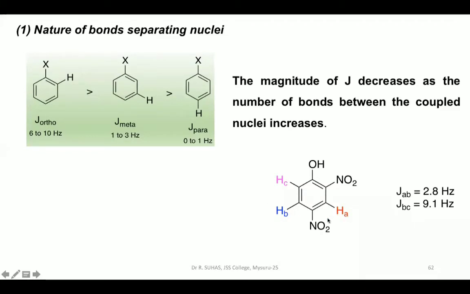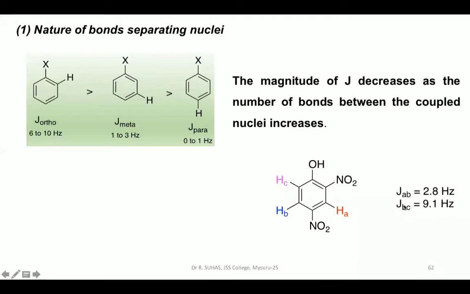For J AB, the coupling constant between these two is very small, because the distance is quite large. With respect to this, this is meta. Always for meta, the coupling constant value will be intermediate, hence you are getting only 2.8 Hertz. Whereas for J BC, because these two are neighbors, there will be more interaction. We know that more interaction, lesser space, J will always be high.